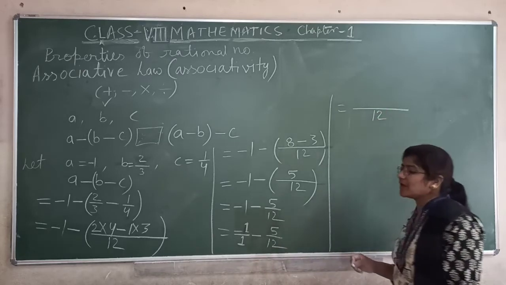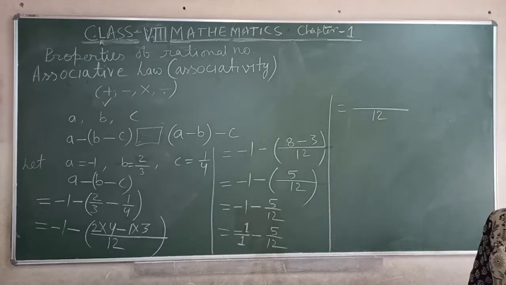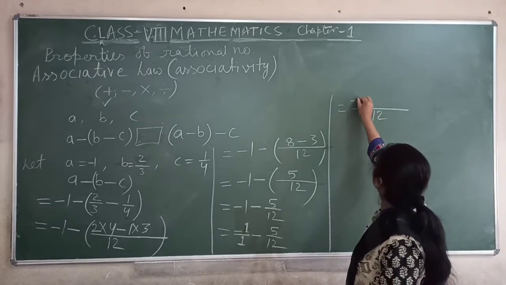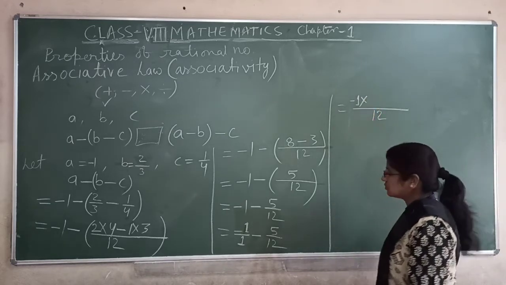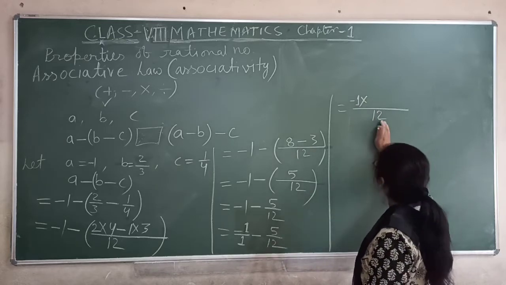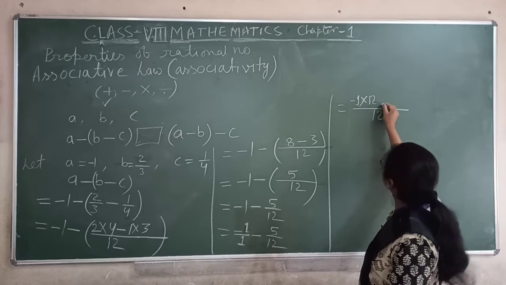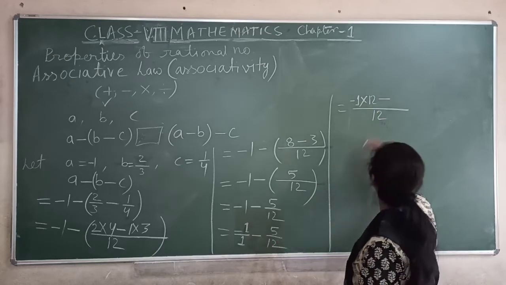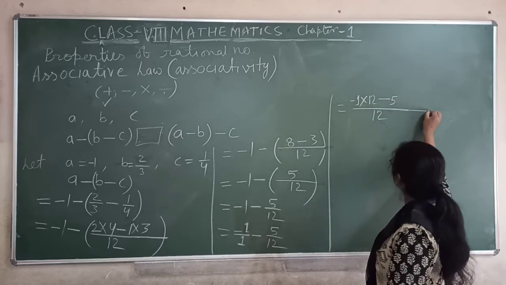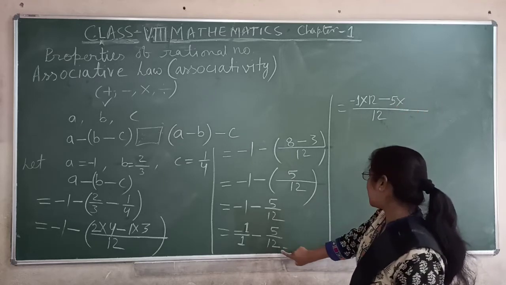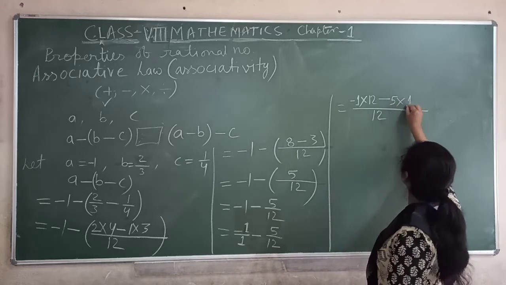In case of 1 and any other number, the greater number will be the LCM. So minus 1 into 12 divided by 1, what will you get? 12. Then again minus sign, you have 5 into this, LCM divided by denominator, so you will get 1.